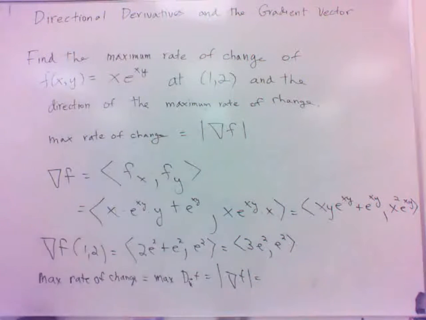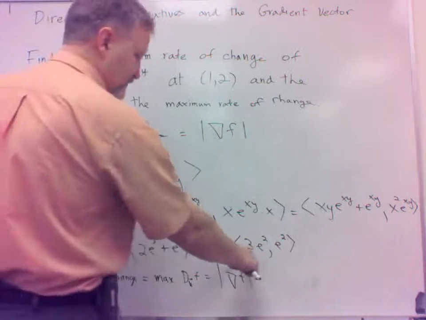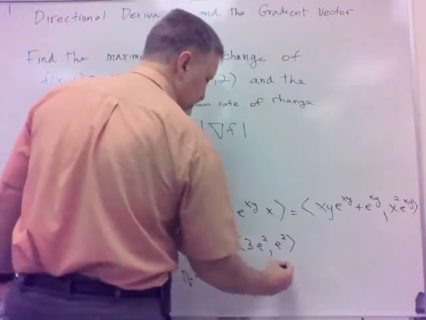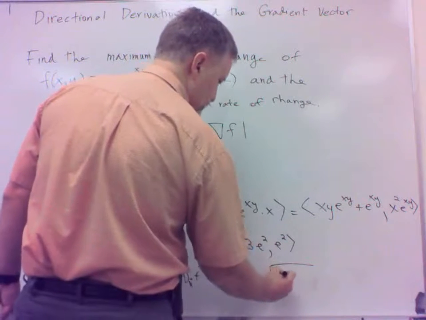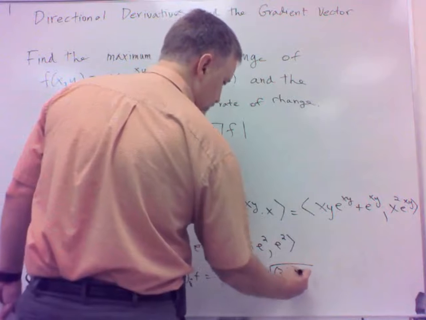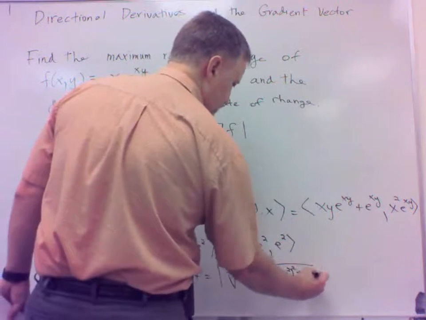So what would that be? It'll be the square root of each of those squared and added together: 3e squared squared plus e squared squared.